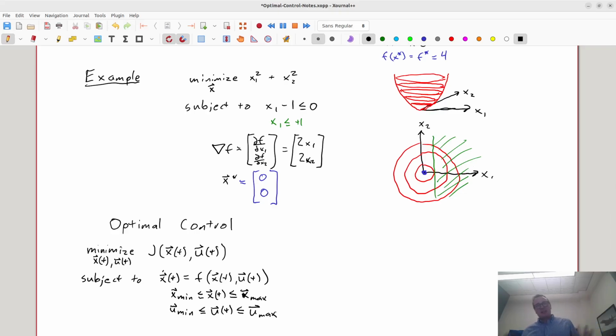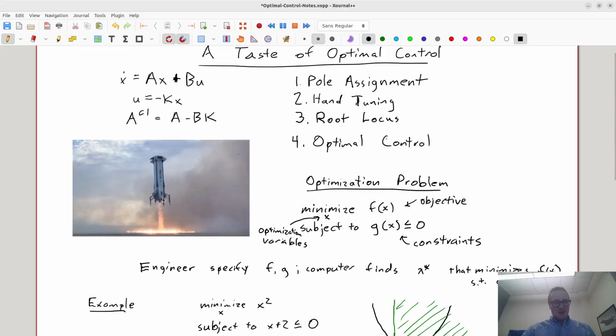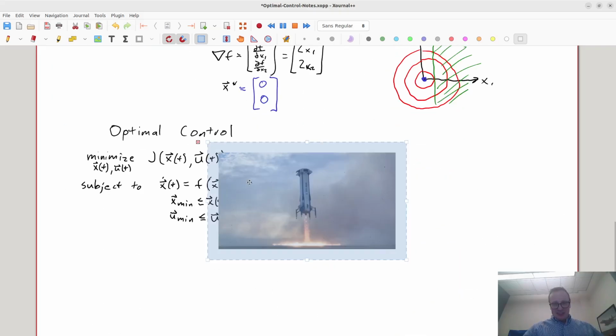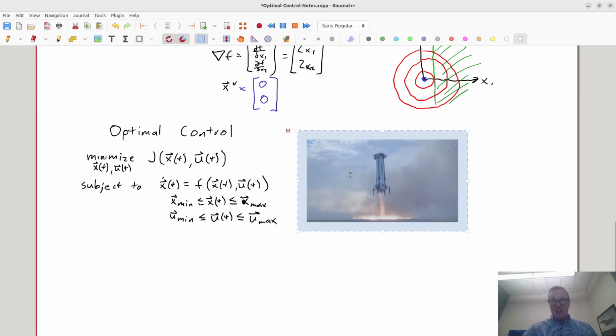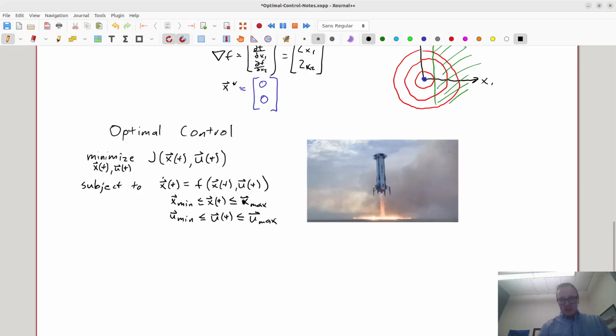So if we're talking about landing a rocket, I'll just copy this down here for inspiration because it's a pretty cool problem. We might make our objective to be close to the landing zone. So we might have some state that is being on the ground, which is x target.